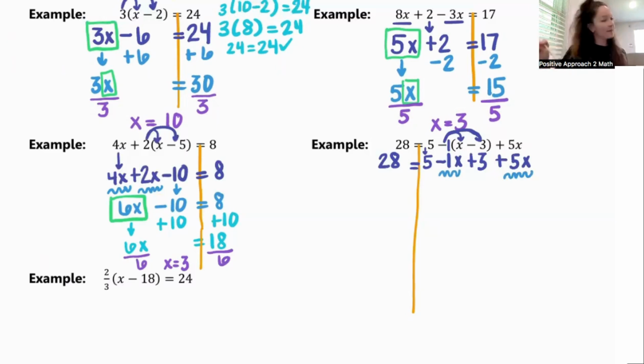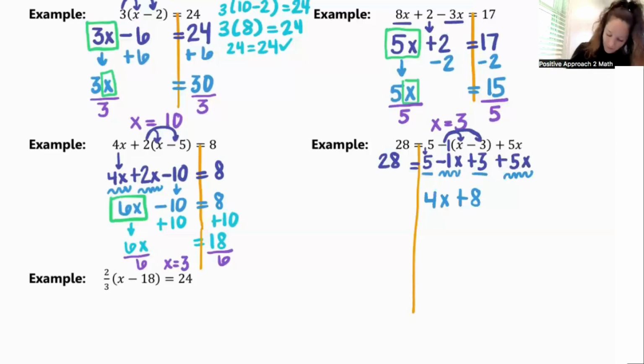Same side, same operation, it's just on the right-hand side instead of the left. -1x plus 5x will give us 4x, and then we have our constants, 5 plus 3, which will give us plus 8, okay? And so we didn't have to bring anything down on that right-hand side because something combined it with something else. And remember, same side, same operation.